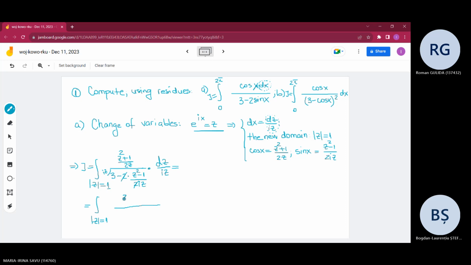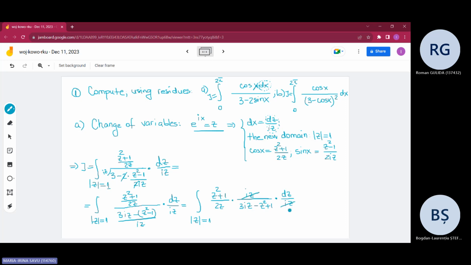So you get (z squared plus 1) over 2z, all over 3 minus (z squared minus 1) over iz, times dz over iz, which is (z squared plus 1) over 2z times the inverse of this fraction, which is iz over 3iz minus z squared plus 1, times dz over iz.